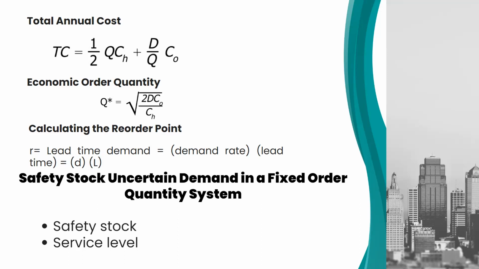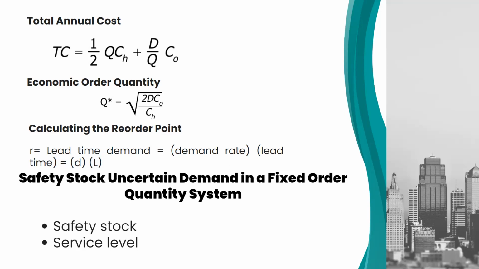For calculating the reorder point, the reorder point or R is a critical concept in inventory management. It represents the level of inventory at which you should place a reorder to ensure that you don't run out of stock before the new inventory arrives during the lead time.